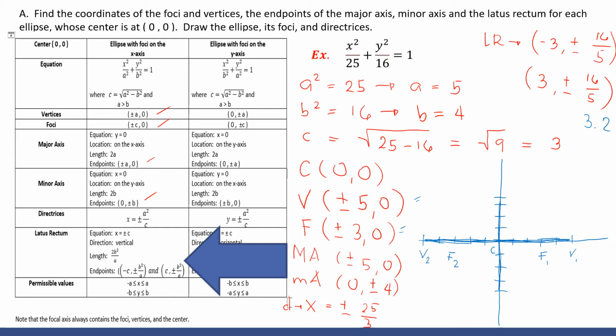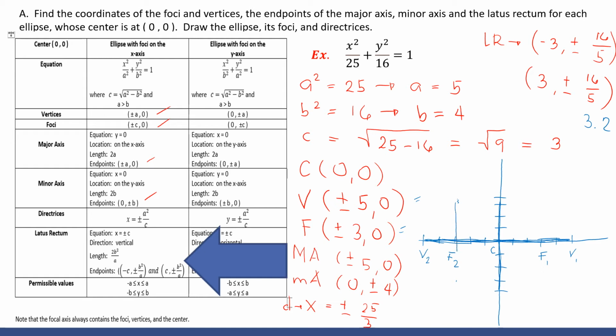Ibig sabihin, kaliwa, from the origin, kaliwa ka ng 3. And then, since we have 3.2, taas ka ng 3.2 units. Estimate. Okay? Estimate natin yung 3.2 units. And then, from the focus, okay, 2, baba ka ng 3.2 units. So, 1, 2, 3.2 units.